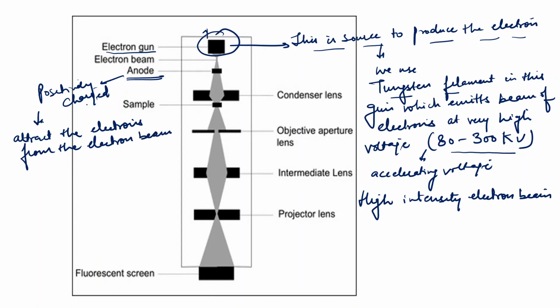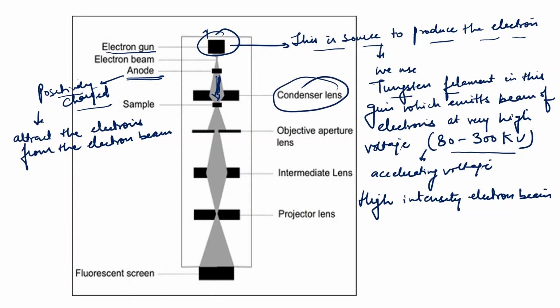So they will be attracted by the positively charged anode. When electrons from the electron beam are attracted towards the anode, they ultimately accelerate the speed of the electrons towards the condenser lens.